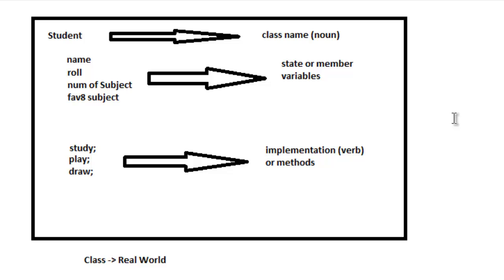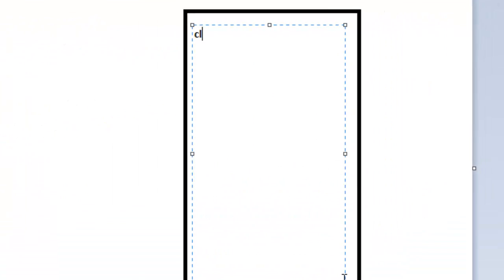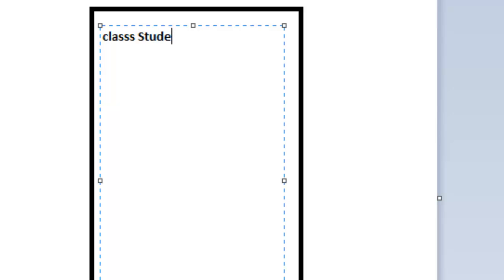Now what will the corresponding Java class look like? A Java class will look like this: a class Student, it has the name, the student has a roll number, the student has a number of subjects, the student has a favorite subject.